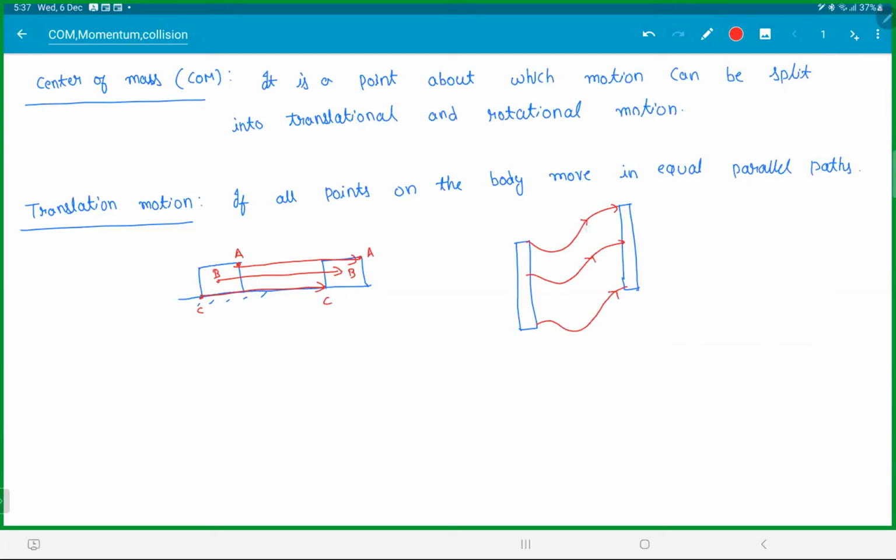If you see here also, the paths are equal. If you take any number of points on the rod, you'll observe all the paths are equal and parallel. So a body can go even in a curved motion and still it can be called translation motion.